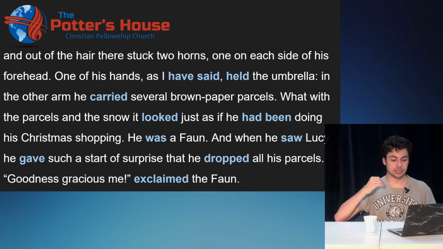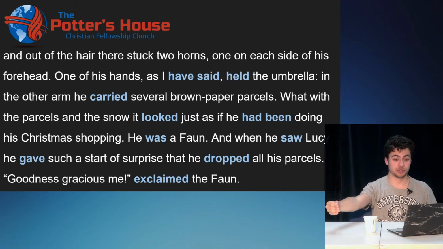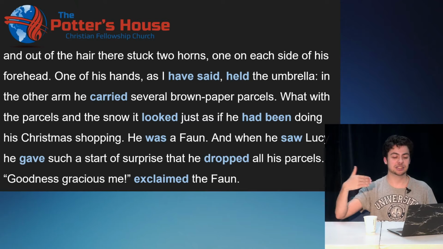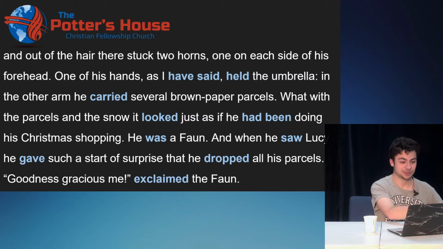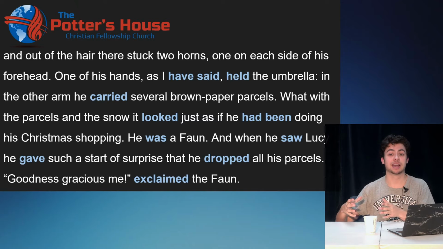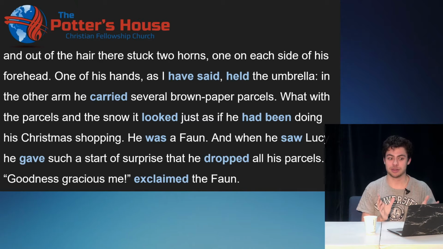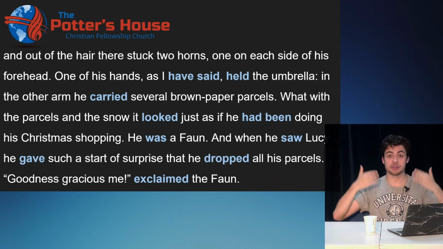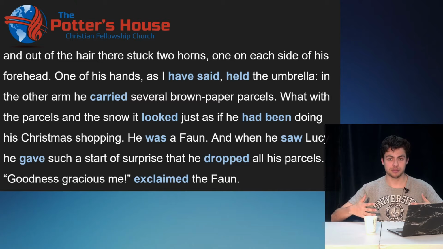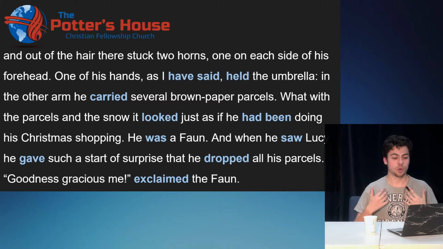So he took a step out of the past perfect for a moment because he's no longer describing the story. And now he's describing what he has done, as he was describing. So it's kind of tricky. You have to go between two different worlds. Remember that there's two worlds, kind of. There's a story the narrator is telling, and then there's the perspective of the narrator, his present, if that makes sense. So again, one of his hands, as I have said, held the umbrella.